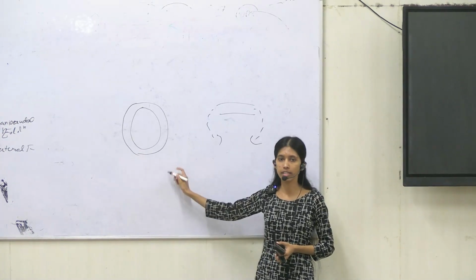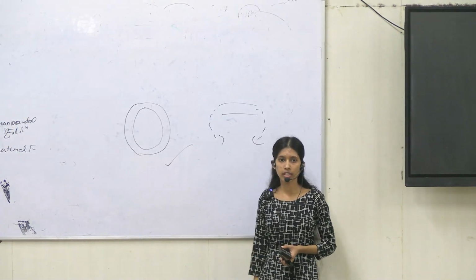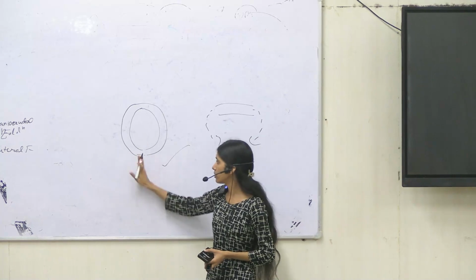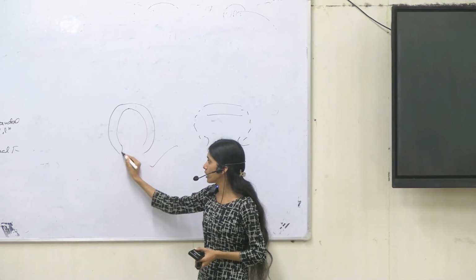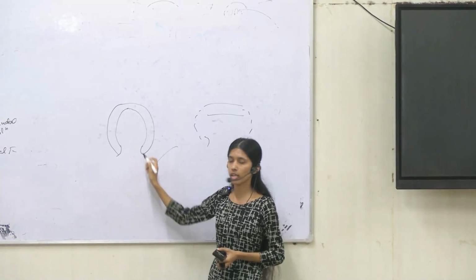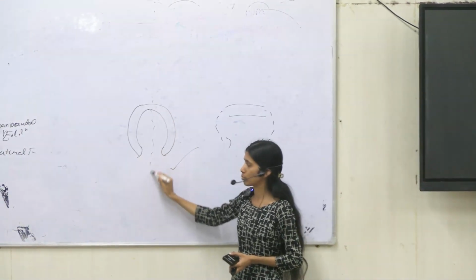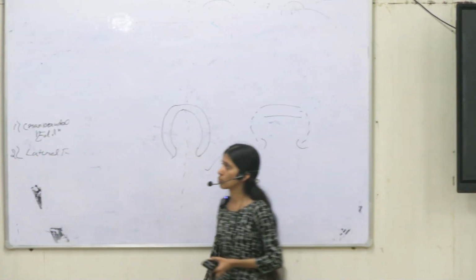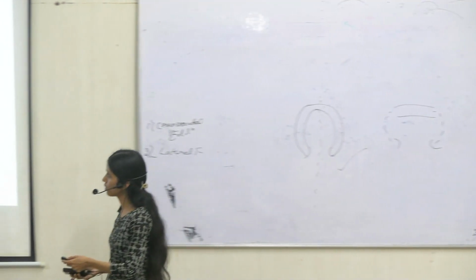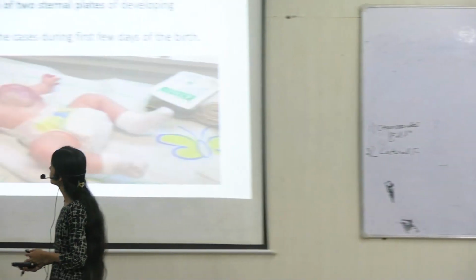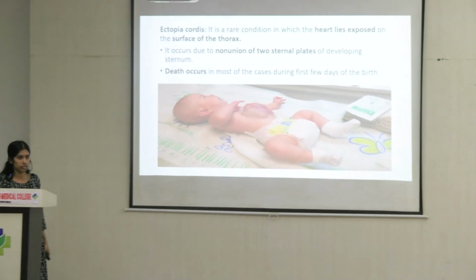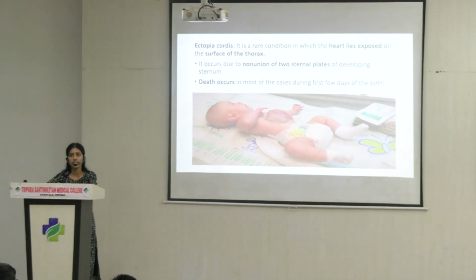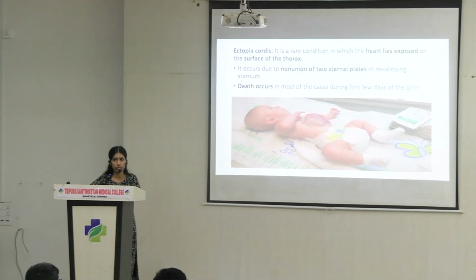This is the right lateral folding. If this does not occur, if the folding stops here only and they do not come and meet in the midline position, it will lead to a non-union of two sternal plates. Basically, the midline of the body will not be formed.